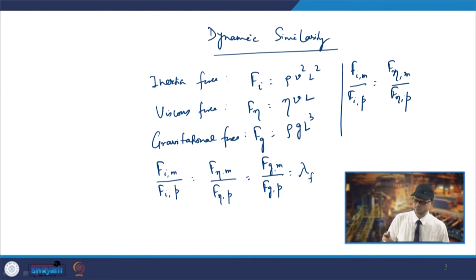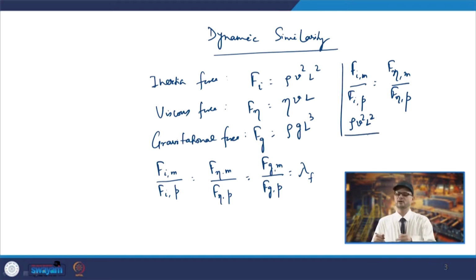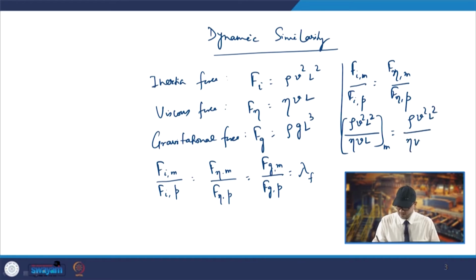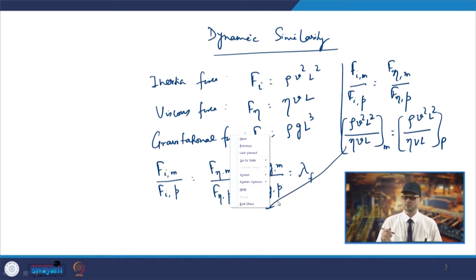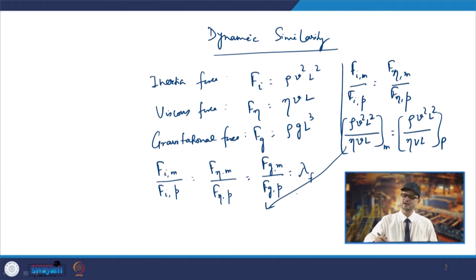If you go further into it, F I m is rho V square L square for the model, and F eta m is eta V L. So, if you take this for the model, it will be the same as rho V square L square upon eta V L of the prototype. So, from here, you can cut these terms.